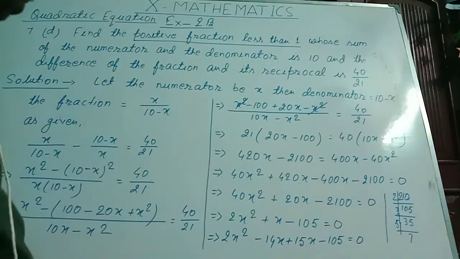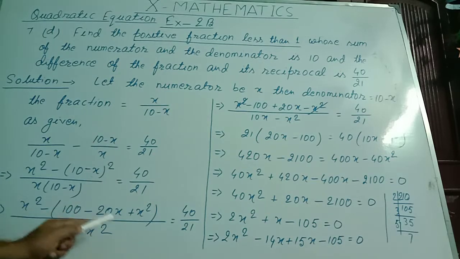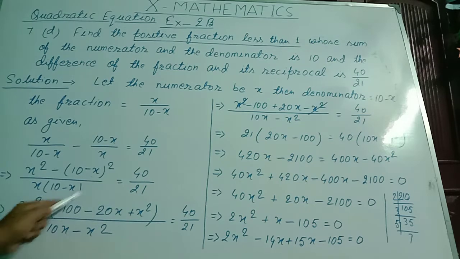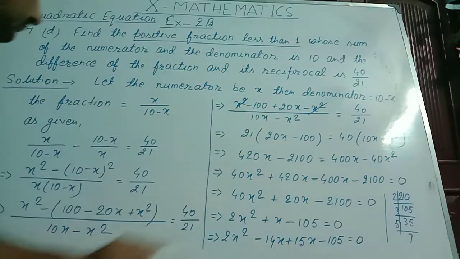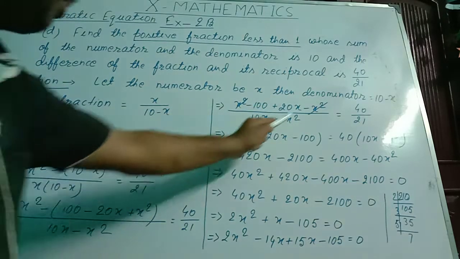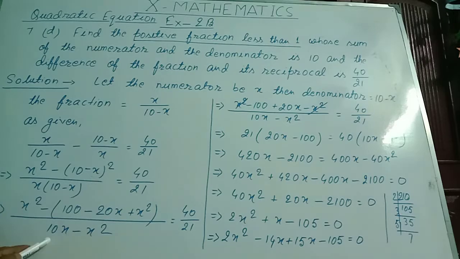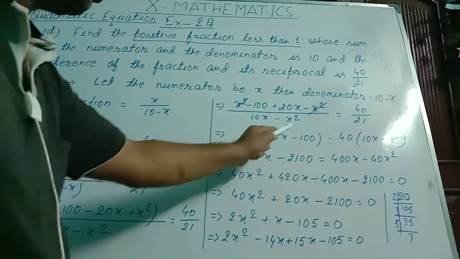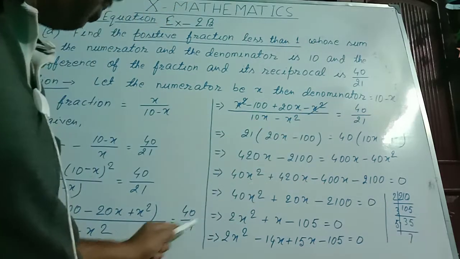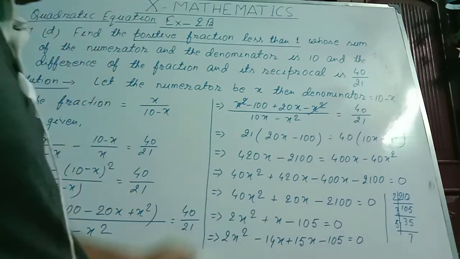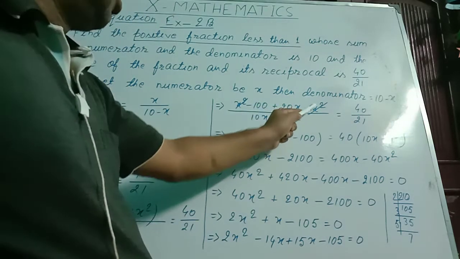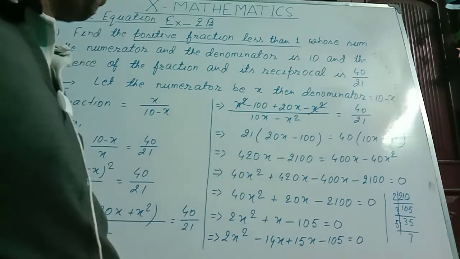If you omit this bracket, the sign of all the terms will be multiplied by minus. So we get 100 minus 20x minus x square by 10x minus x square equal to 40 by 21. Here plus x square and minus x square cancel.